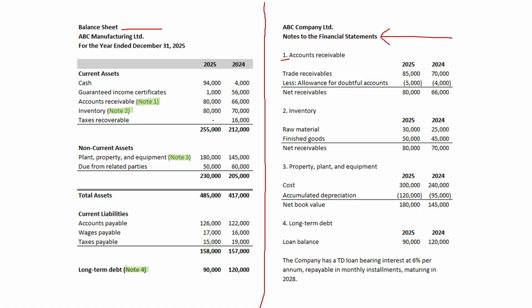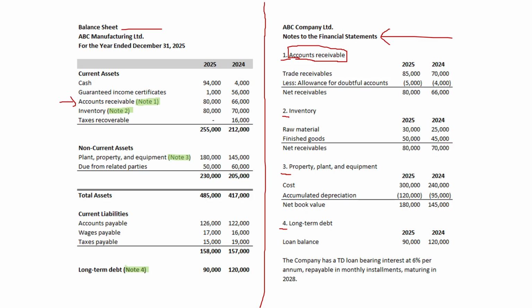They'll also be numbered in correspondence to whichever note is being referred to, and it'll also tell you exactly which account it's referencing, just in case you forgot. So you see here, accounts receivable, note 1, it'll say 1 accounts receivable. So this note applies to this line item.